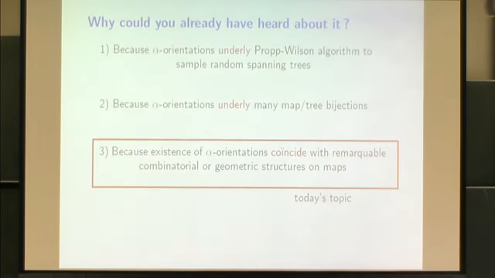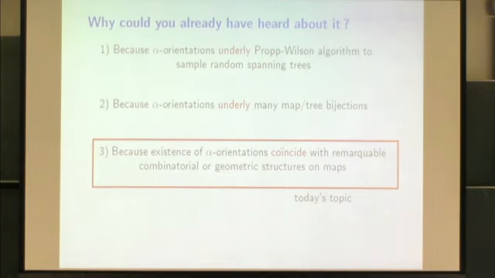Okay, but that's not what I want to talk about today. What I want to talk about today is the fact that these alpha orientations, in several cases, correspond to remarkable structures that you can put on these maps. And in a sense, with respect to what we have here, there is almost no theory. There is just a collection of examples.